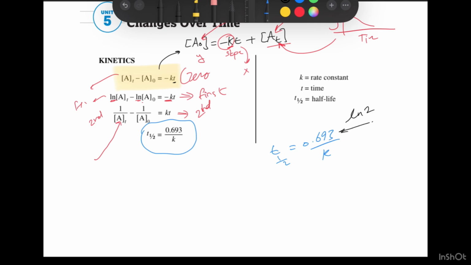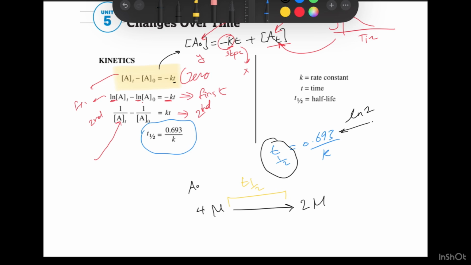So what's the meaning of t half? t half tells me the time needed for the initial concentration to be halved. For example, if we have an initial concentration of 4 molar, and as the reaction proceeds it becomes 2, the time needed for the concentration to be halved is called the t half.